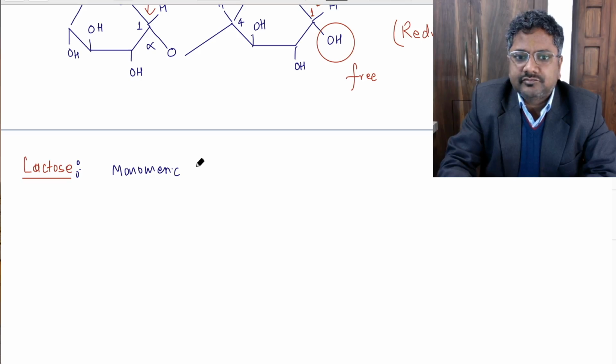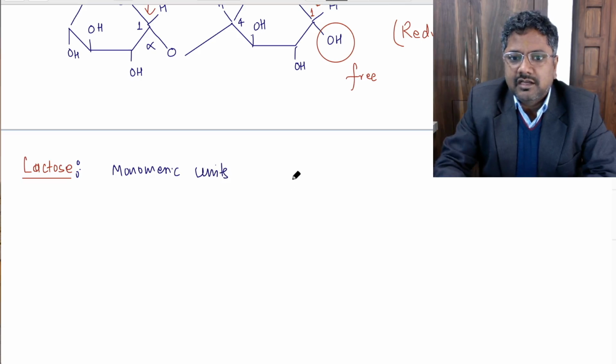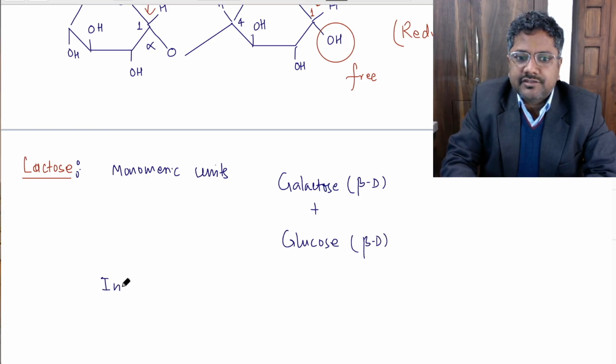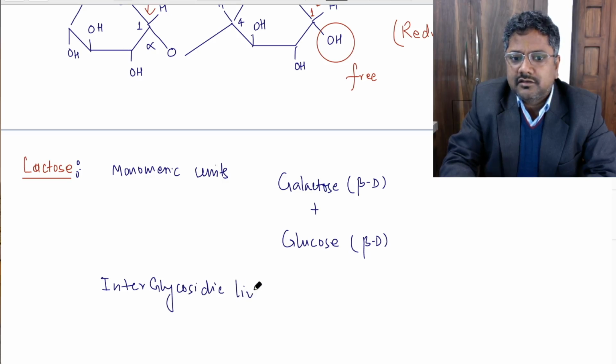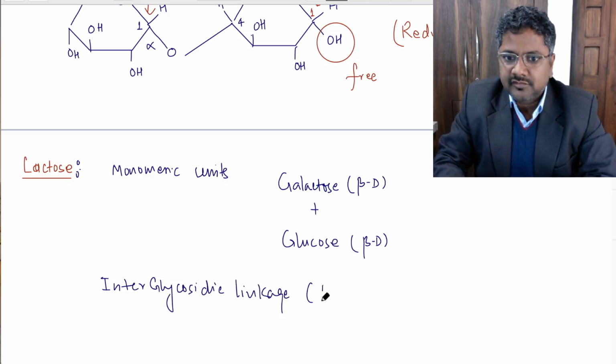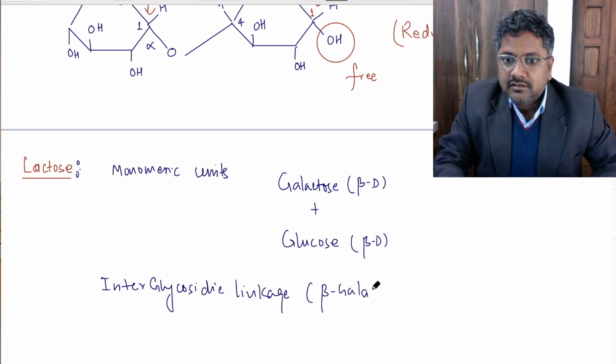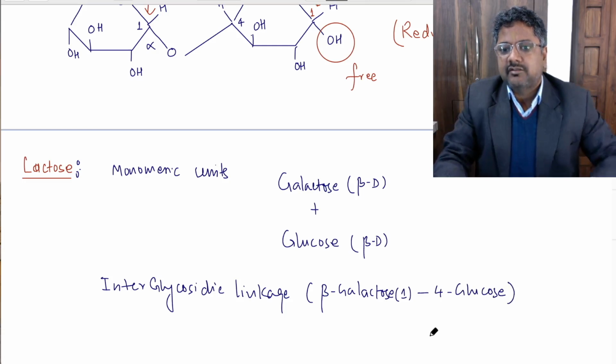Galactose, which is beta D, plus glucose, which is also beta D. And the interglycosidic linkage is beta 1,4: beta of galactose C1 to the fourth carbon of glucose, right?